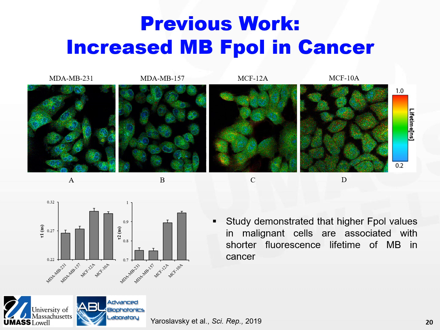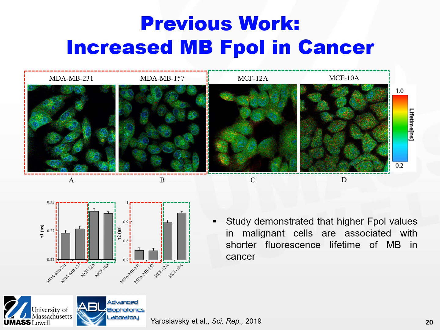That study also sought to explore some of the mechanisms behind increased fluorescence polarization in cancer. It demonstrated that the higher fluorescence polarization values in malignant cells are associated with shorter fluorescence lifetime of methylene blue in cancer relative to normal.